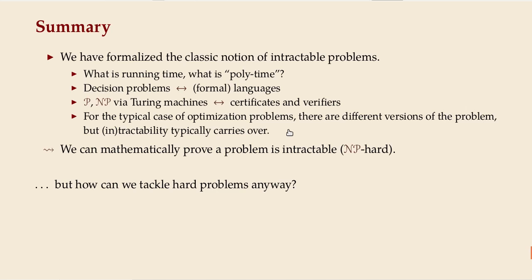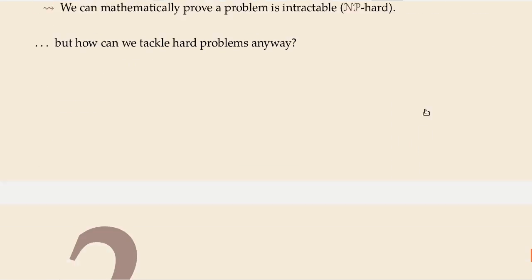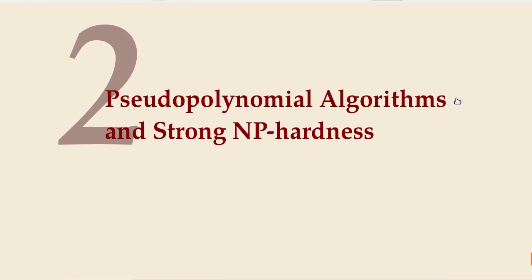Okay. So in a sense, we found that we can mathematically prove that a problem is hard. But the actual goal of the lecture was to say, what can we do in this case? What can we do if a problem is hard? And the first idea that we can use is pseudopolynomial algorithms that are sometimes efficient, even in practice, and are often confusing for beginners in theory.